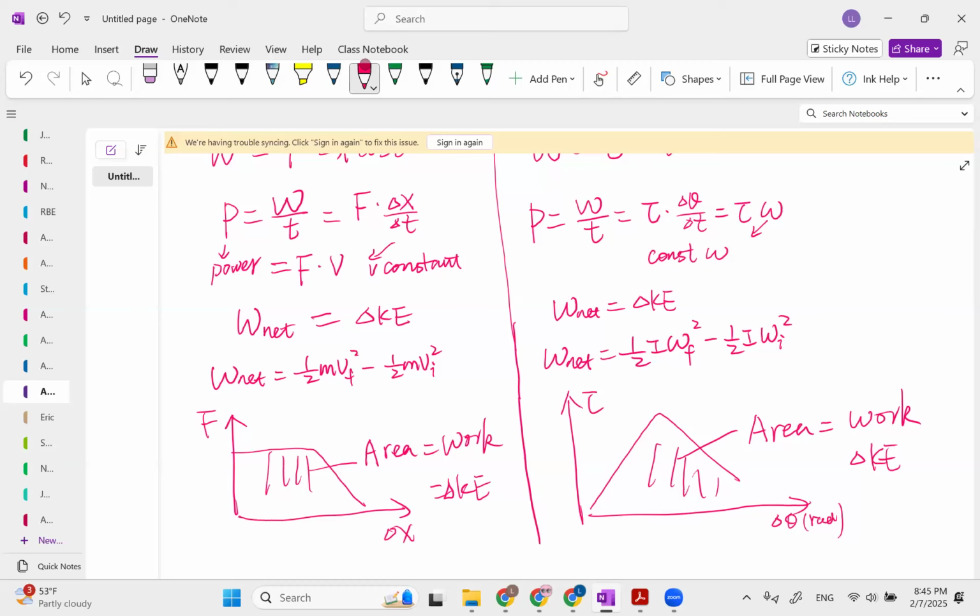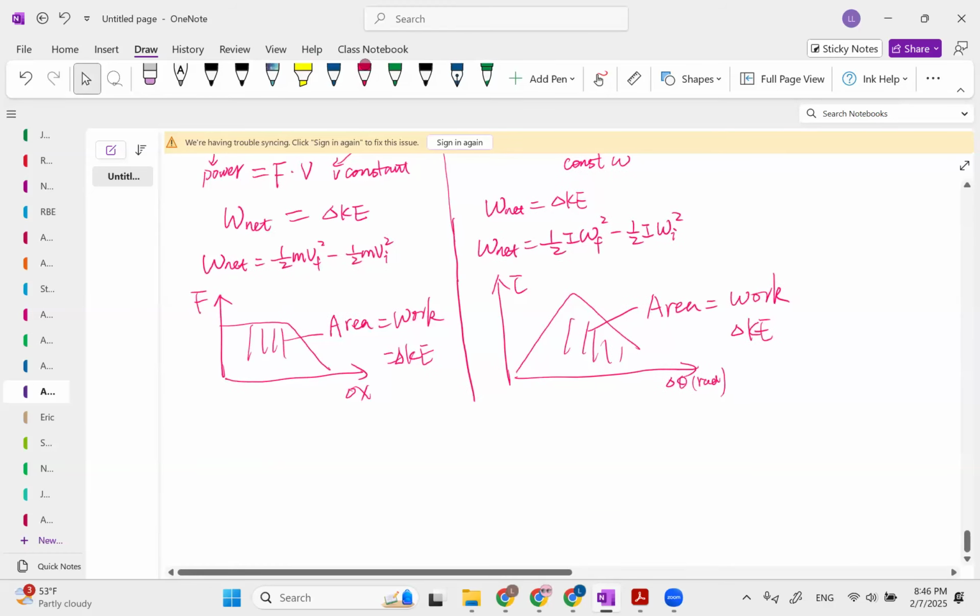And then if you get kinetic energy or work versus x, the slope will be force, right? Kinetic energy versus theta, the slope will be the torque.